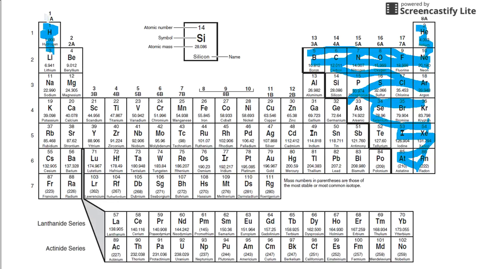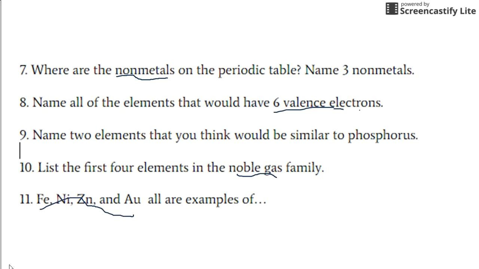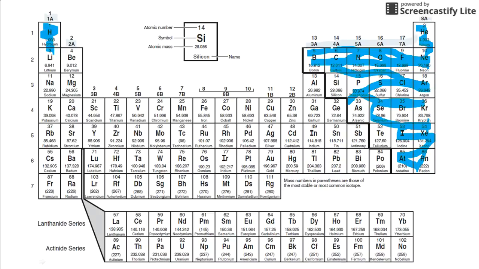So 1A, 2A, 1 valence electron, 2 valence electrons, 3, 4, 5, 6, 7, 8, all the way across the periodic table. So which ones would have 6 valence electrons? Well, it would be anything in this column. Just like anything in this column would have 5, anything here would have 4, and so on. So that question said, name all of the elements that would have 6 valence electrons. Make a list. Oxygen, sulfur, selenium, tellurium, polonium.